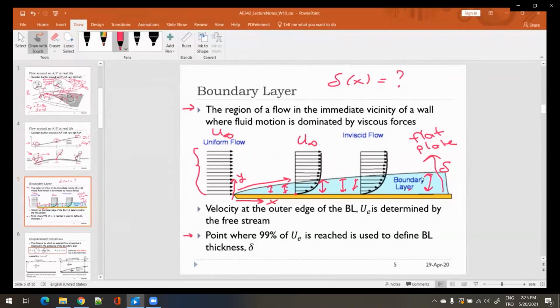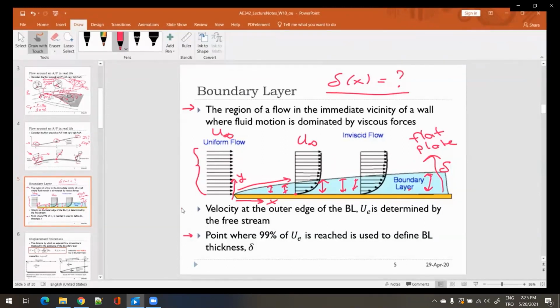Because the thickness delta directly determines the extent of the region where I have lost momentum, and that momentum loss, I know, is related to the drag force, as I described earlier. So therefore, I want to calculate how this delta changes.